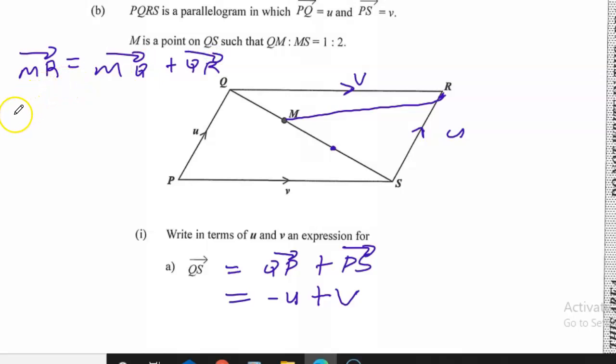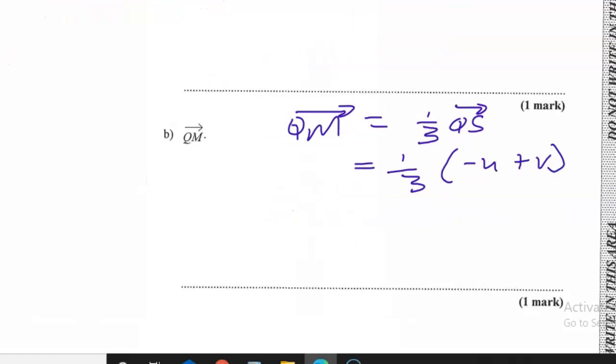Now MQ, what is MQ? We just found QM. So MQ would be the negative of that. QM was 1/3 (minus u plus v). So MQ will just change the signs, so it's negative 1/3 (minus u plus v).